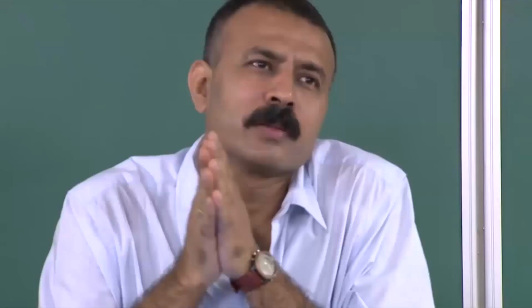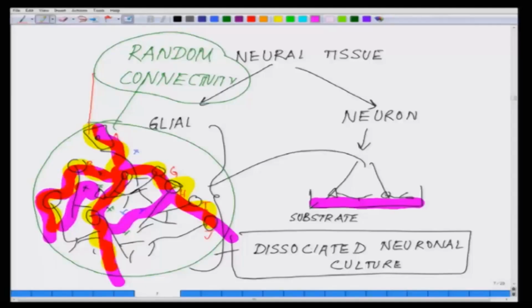There is no way you can control that connectivity, because anything can form a connection with anybody. That makes the story very complex. That is something you do not wish to happen.